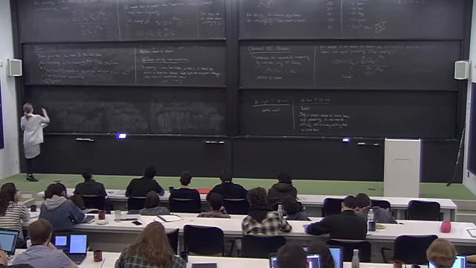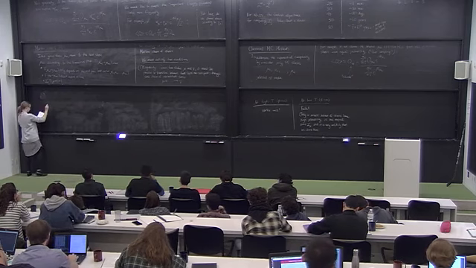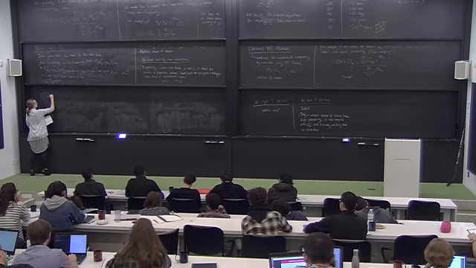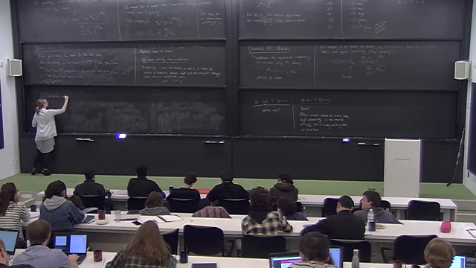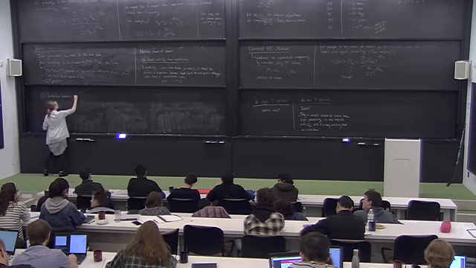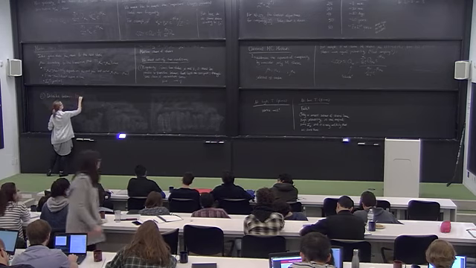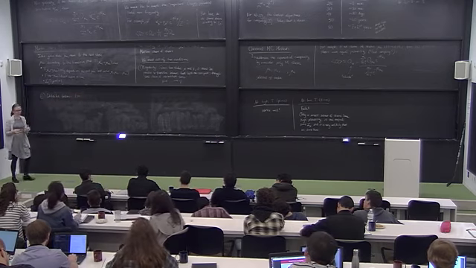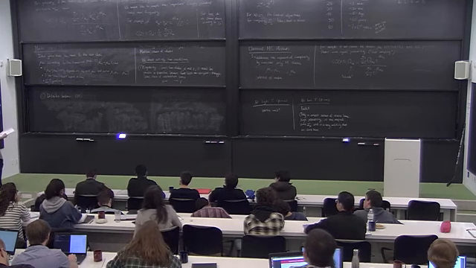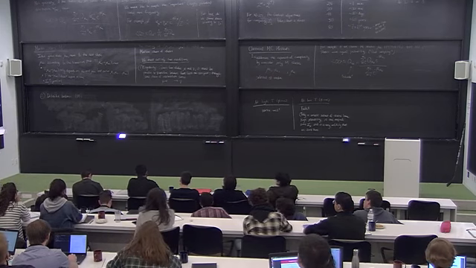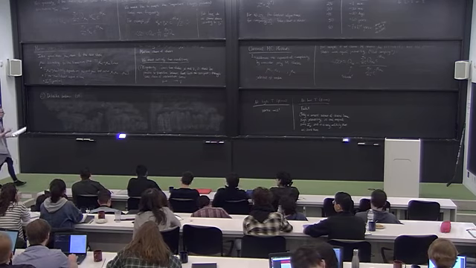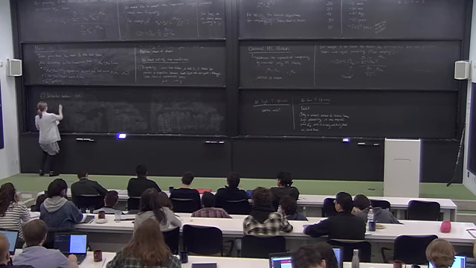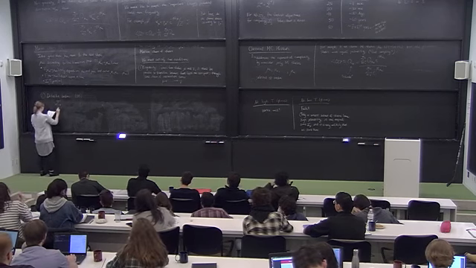Okay, the second condition I need to satisfy is called detailed balance. So what detailed balance says is that if I'm trying to sample from some distribution mu that's not changing in time, then the rate that I transition into and out of some state should be equal, because otherwise this distribution mu would be changing with time.